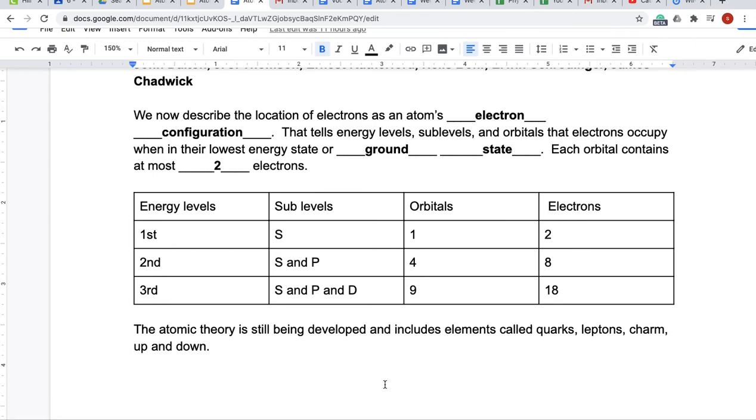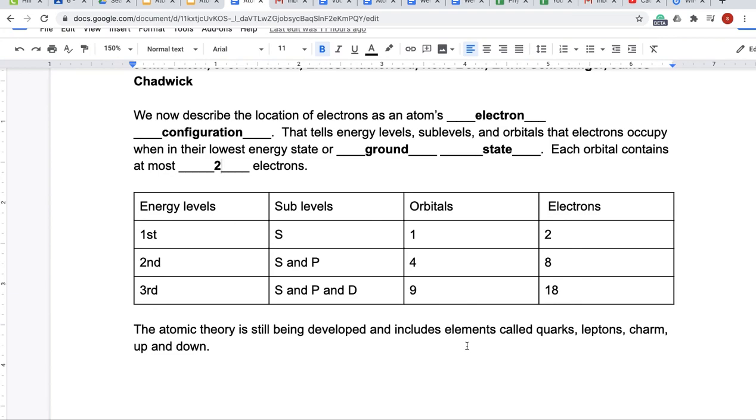That's not all. Just so you know, the atomic theory is still being developed, to include things called quarks, leptons, charm, up and down, and even more. But we're going to leave it at that because I think you have enough information. I hope this was helpful, and I hope you were able to follow along.